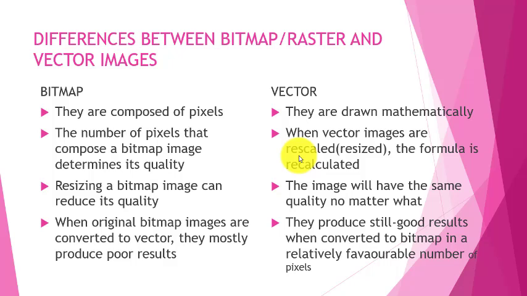But if you convert a vector graphic to a bitmap graphic, it still gives you a good result, provided you converted it using a favorable resolution. Like the example I gave earlier, I used just 5 resolution. You can use something around 500, 400, 300, and it's still going to look good, unlike converting a bitmap image to vector.